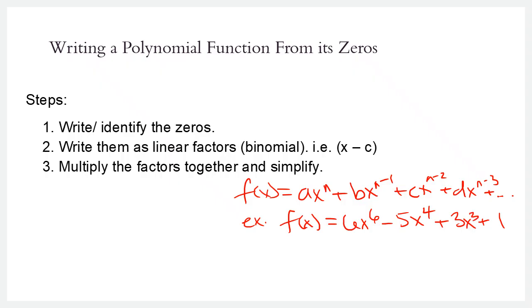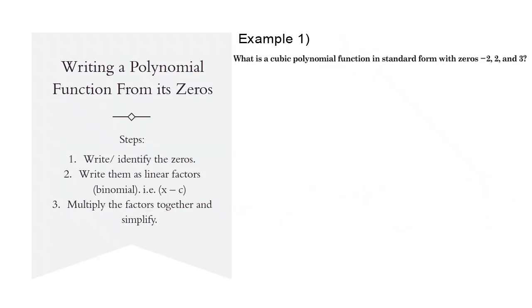All right, so our first example. We're going to follow the steps and write or identify the zeros. It tells us you have zeros at -2, 2, and 3. So step 1, done. Next is to write them as linear factors, which are always the opposite of what they are.